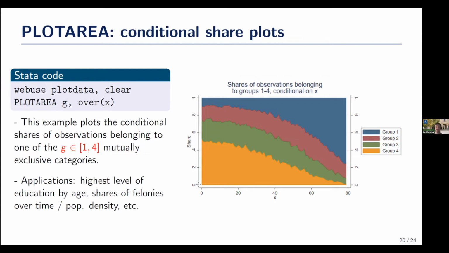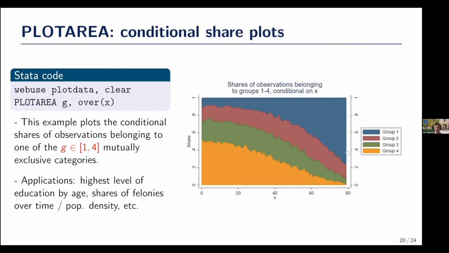So of course, the share ranges from 0 to 1. And then you can see that people with X equals 0 are about 50% likely to be in group 4. And these membership probabilities decline as you move further, and it's kind of replaced by a larger probability of belonging to group 1.